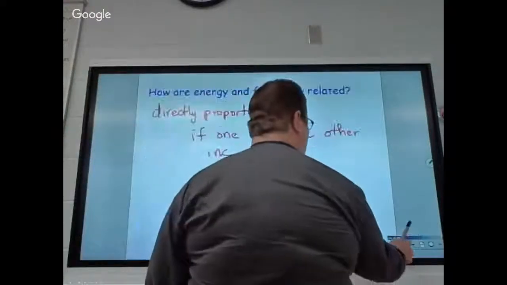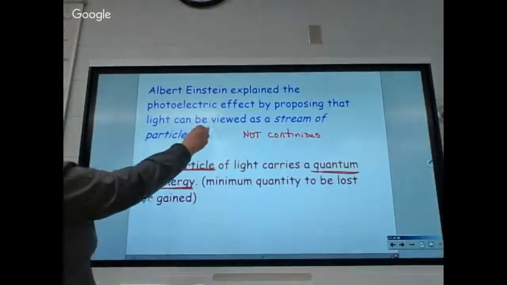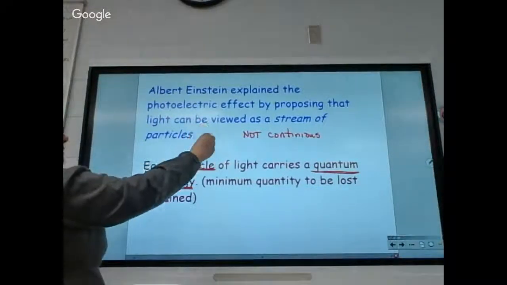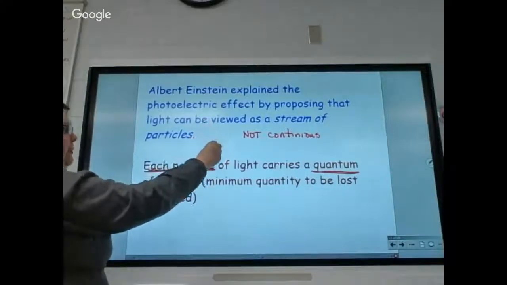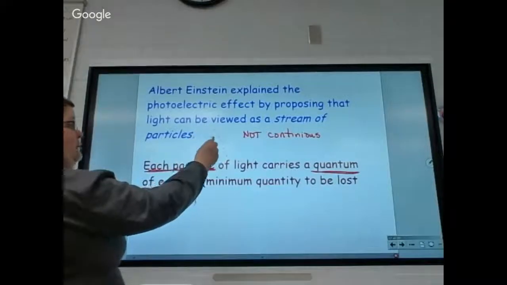So, then Einstein pops onto the scene, and he says there's a stream of particles. This stream of particles is called a what? Each particle is called a photon.